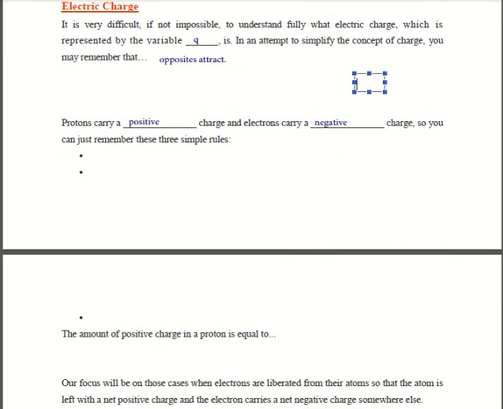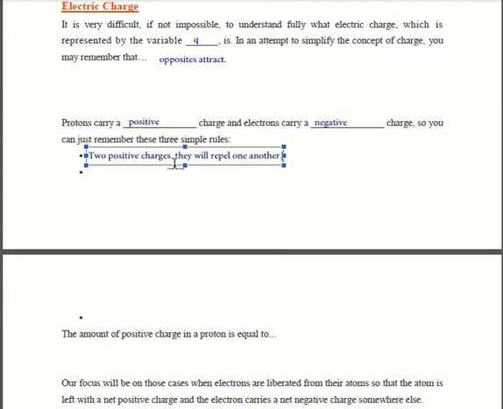So 3 simple rules to remember. I'm sure you already are aware of these. Anytime you have 2 positive charges, they are going to repel one another. Anytime you have 2 negative charges, they're going to repel.